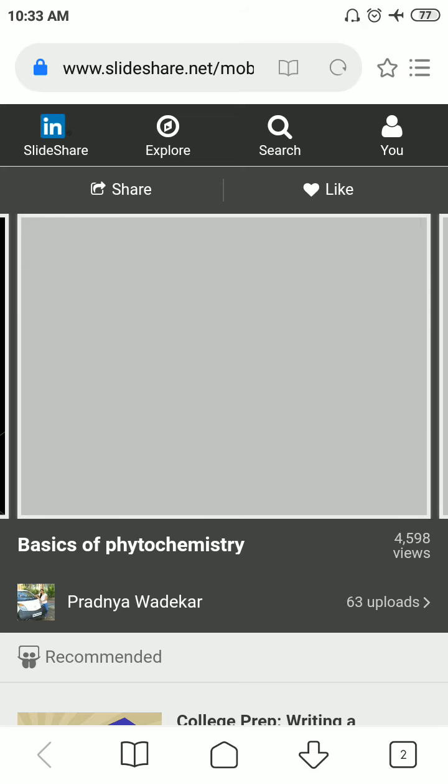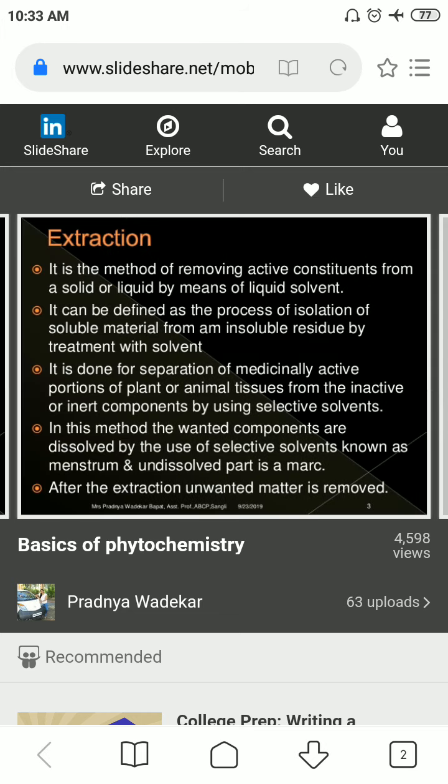You can see in the chart what the steps involved in a particular extraction method are. In extraction we have two main requirements. One is plant powder and the second is solvent.